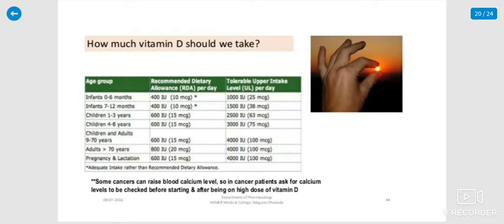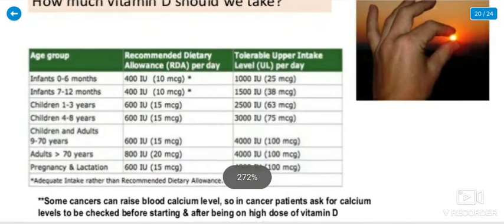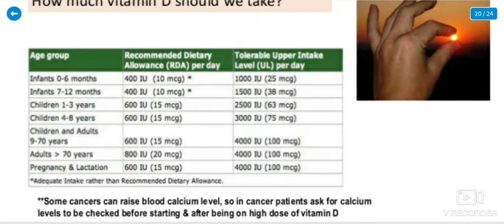How much vitamin D should we take? It depends upon the age group. In infants, from birth to 6 months, the recommended dietary allowance per day is 10 micrograms.